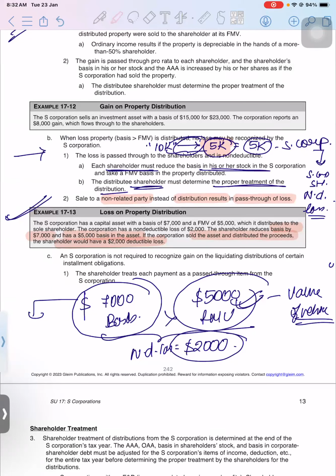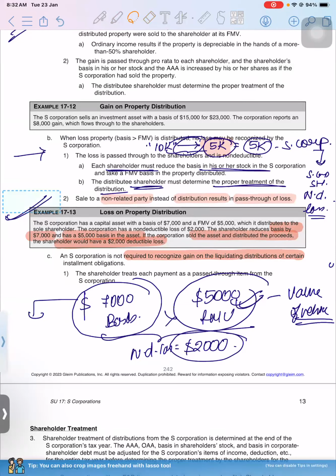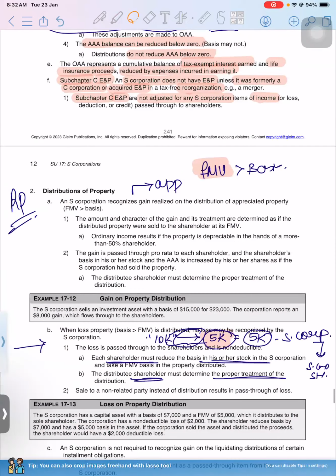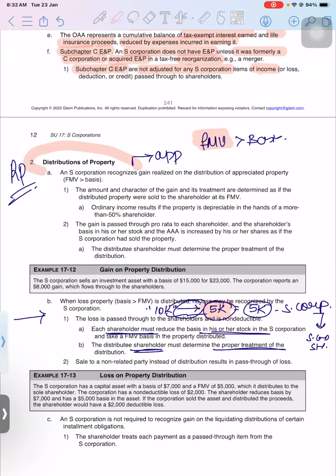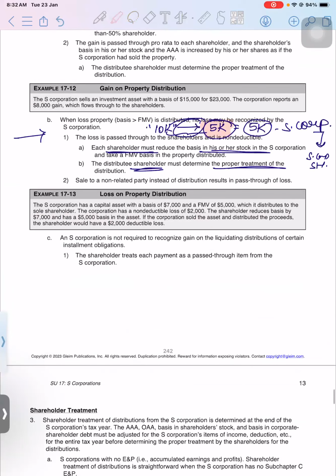Okay, S Corporation is not required to recognize gain on liquidating distribution of certain installment obligations. This means what? See, this is a non-liquidating distribution, meaning the S Corporation is still continuing.